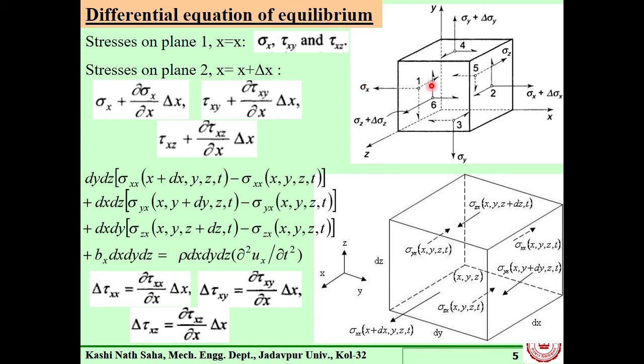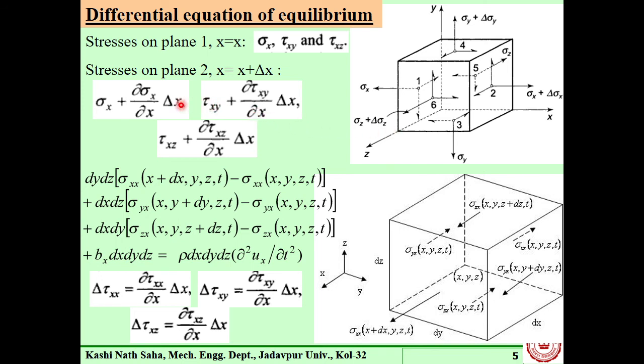There are other forces acting on other surfaces, like in 3 and 4, in this particular direction, these are sigma yx. Here also we will have a component, this component sigma yx. For the z direction, see here, we have a particular component along x, so this is sigma zx.